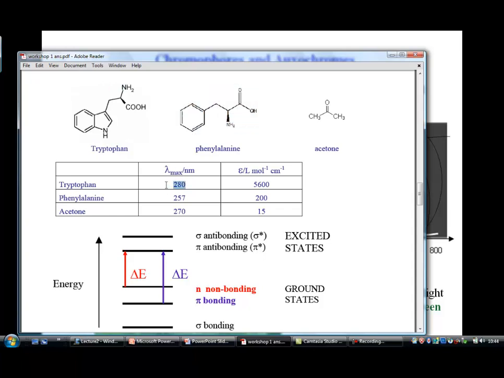So therefore, its lambda max is a bit higher, or it's a lower energy transition because it's a pi to pi star transition. And also, you notice that the absorption coefficient, we didn't cover this that much, for the tryptophan is much stronger than the phenylalanine, and that's mainly due to the fact that it's got, again, this NH group. This tends to make the band a bit stronger for the tryptophan.